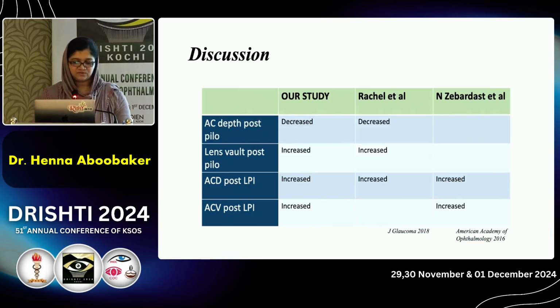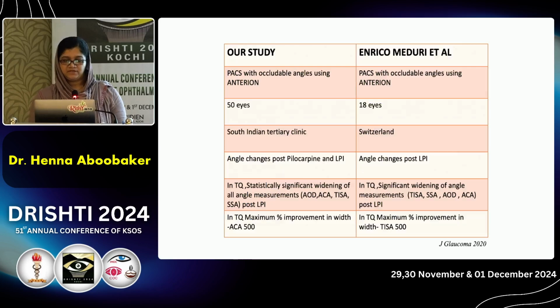Coming to discussion, post pilocarpine AC depth decreased in our study and lens vault increased, which was supported by Rachel et al. And post laser AC depth and volume changes were supported by Zebardast et al. Meduri et al. was the only study done in occludable angles using anterior segment OCT as done in our study, but our study had a larger sample size.